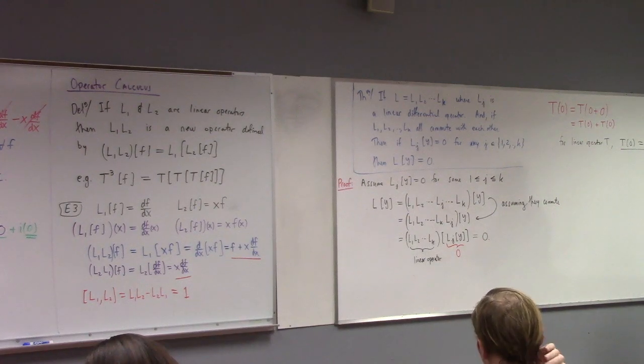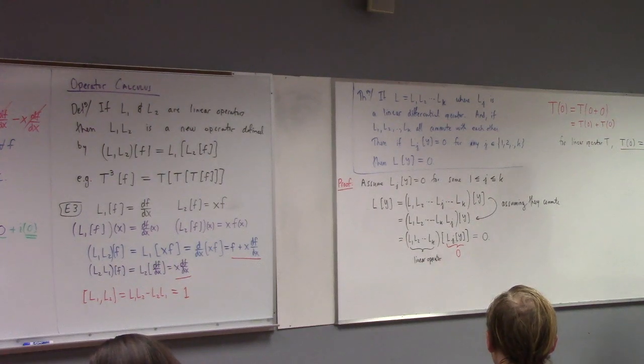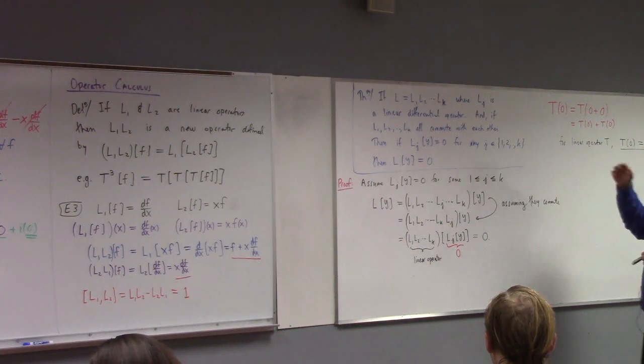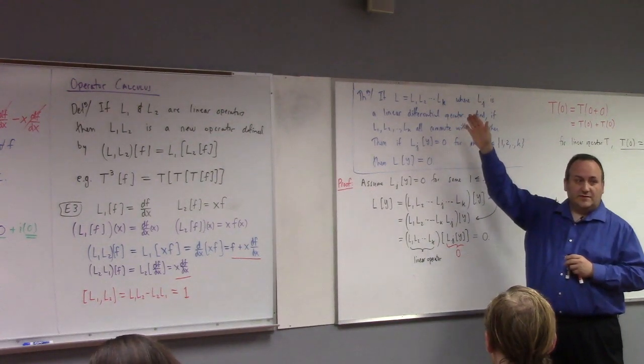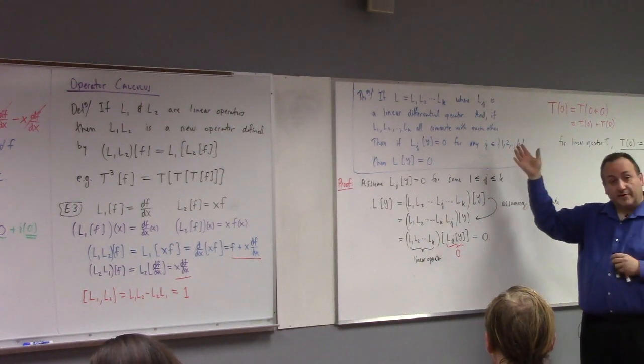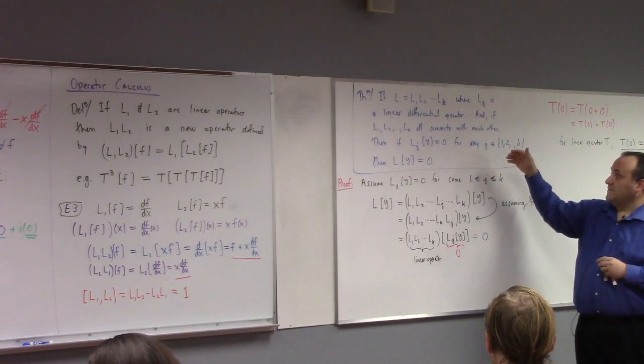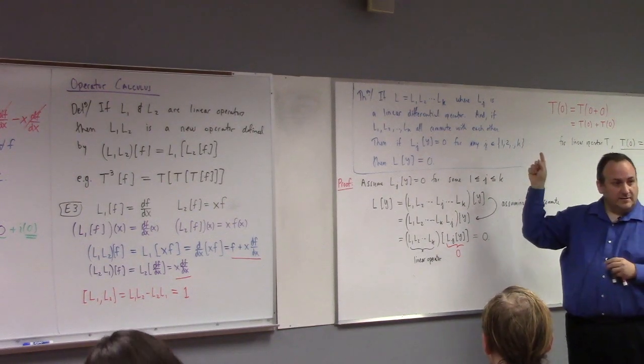So what does this all mean? This means that if we have a problem, and it can be written as a product of linear operators, and those are commuting operators, we can solve each one separately.